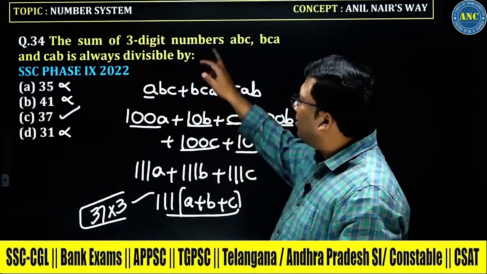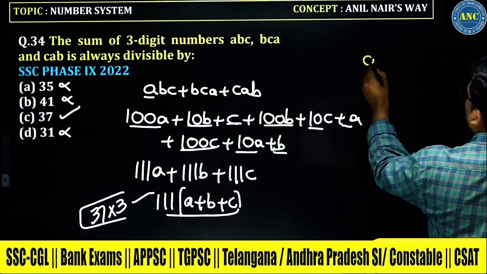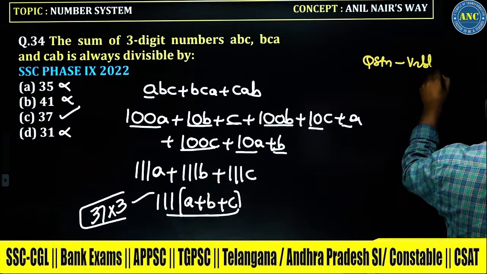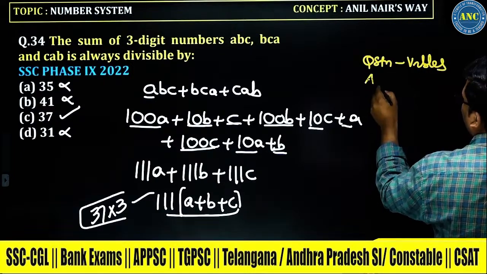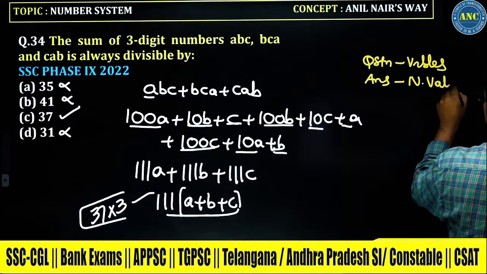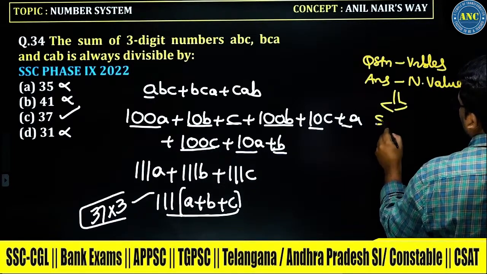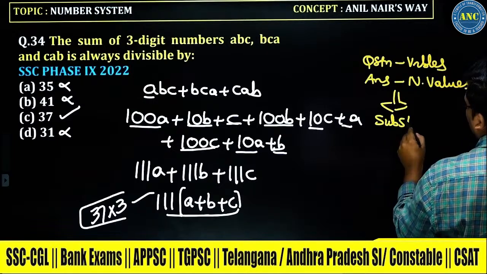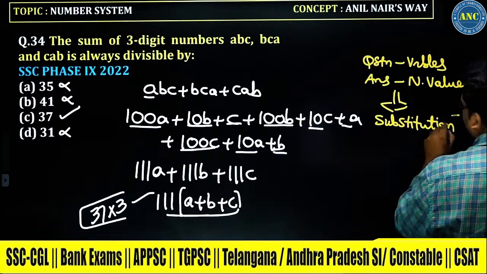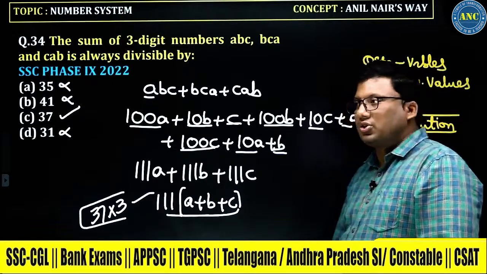Or what you can do is, if the question contains variables and the answer contains numerical values, what is the best method to solve the problem? I told you so many times, sir. Substitution is the best method to solve the problem.